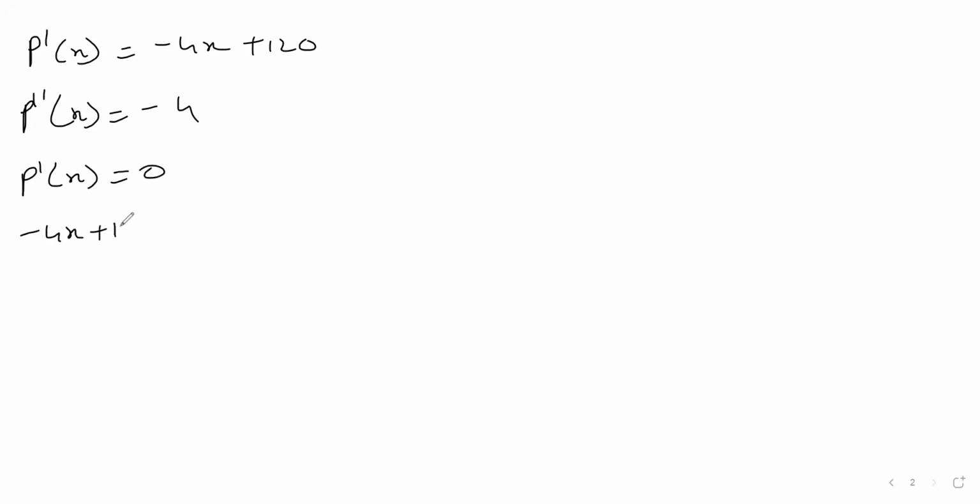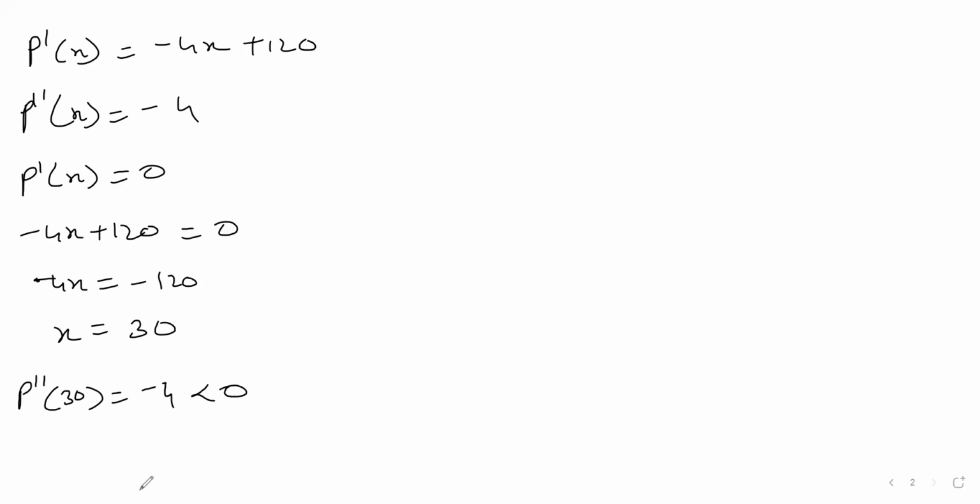So minus 4x plus 120 is equal to 0. Minus 4x is equal to minus 120. So x will become 30. Now at x equal to 30, p double dash of x is minus 4, which is less than 0.